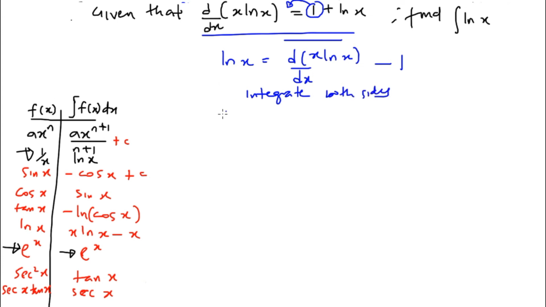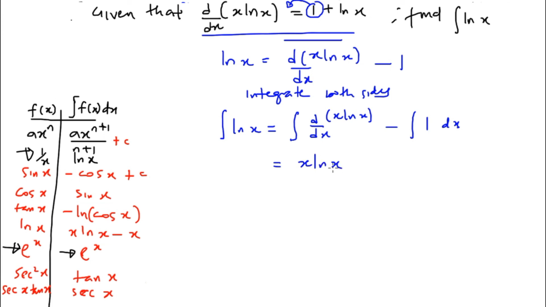the integral of ln x is what I need from the question. It is equal to the integral of d/dx of x ln x minus the integral of 1, and it is all with respect to x. The integral of a derivative is that original function, which is x ln x, because integral means antiderivative, that is, the reverse of derivative.